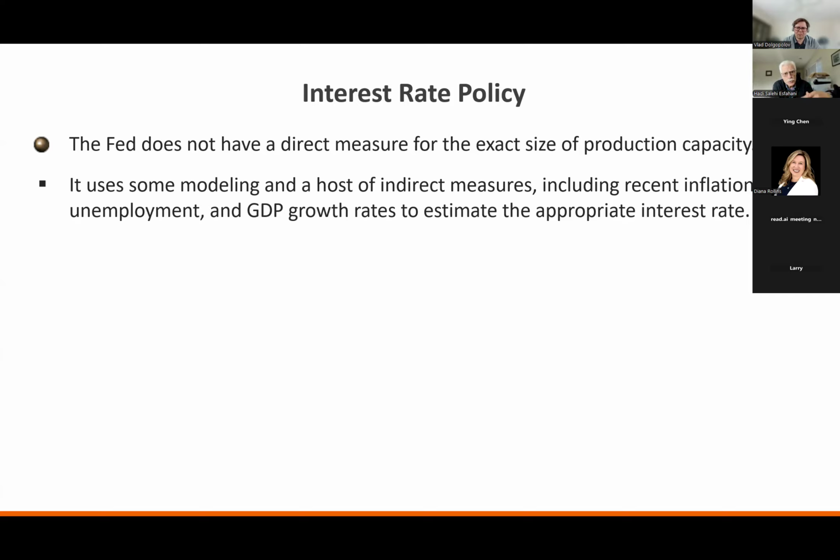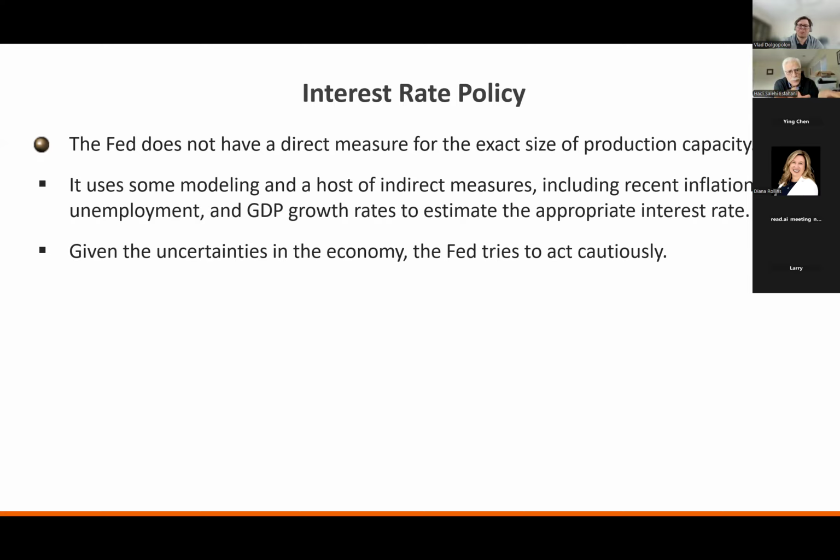Central banks use information about inflation, unemployment, GDP growth rate, etc., and also do some modeling to figure out where production capacity stands and try to use that information to figure out whether we're below or above production capacity, and therefore set their policy accordingly.